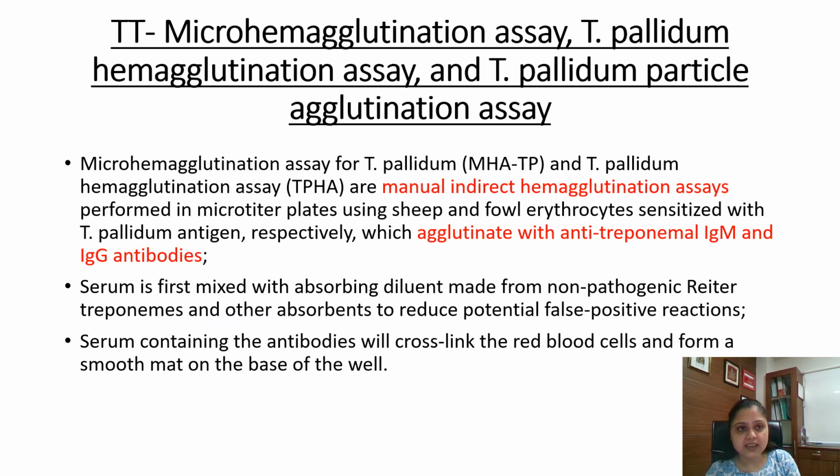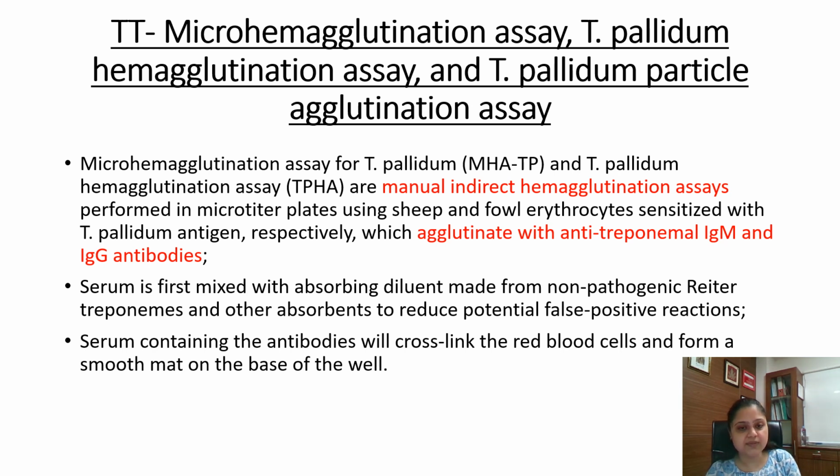Coming to other tests, that is the microhemagglutination assay, Treponema pallidum hemagglutination assay, and the Treponema pallidum particle agglutination assay. If we see MHA and TPHA, these are manual indirect hemagglutination assays which are performed in microtiter plates utilizing sheep and fowl erythrocytes which are sensitized with the Treponema pallidum antigen respectively, and these agglutinate with the anti-treponemal IgM and IgG antibodies.